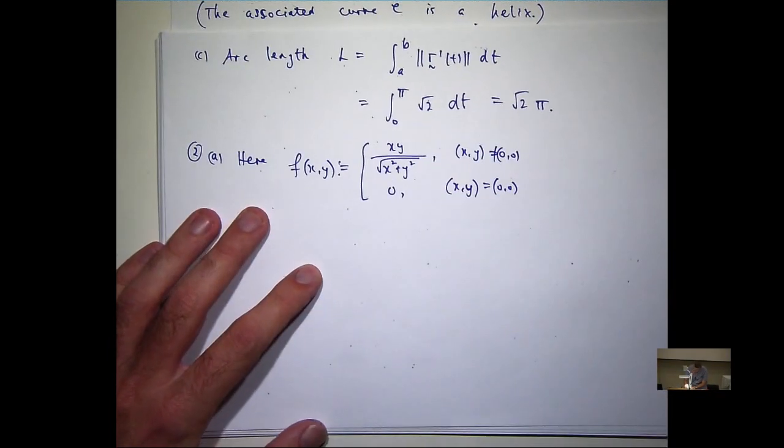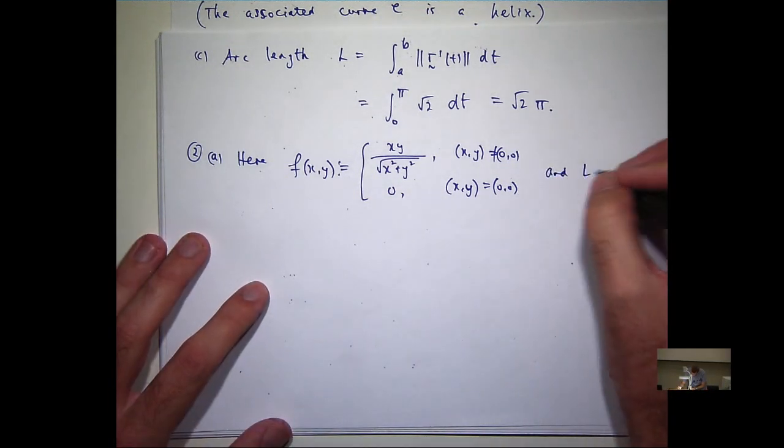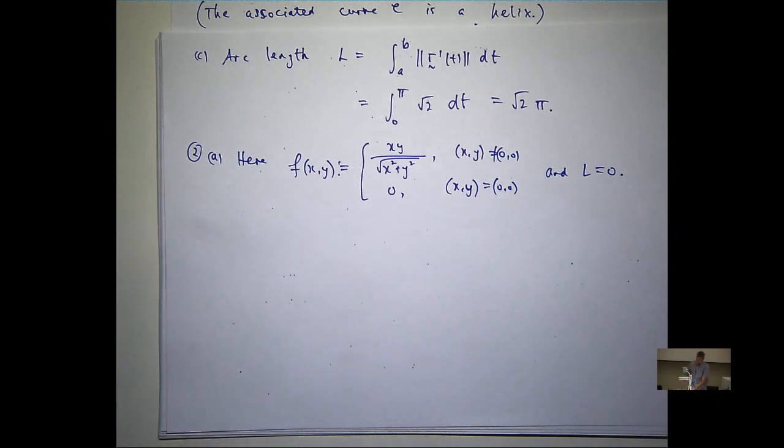And our limit L is just 0. So what I'm going to try to do is use this epsilon-delta approach and see if I can come up with some sort of proof to prove that the limit of f as x and y approach 0 is 0.